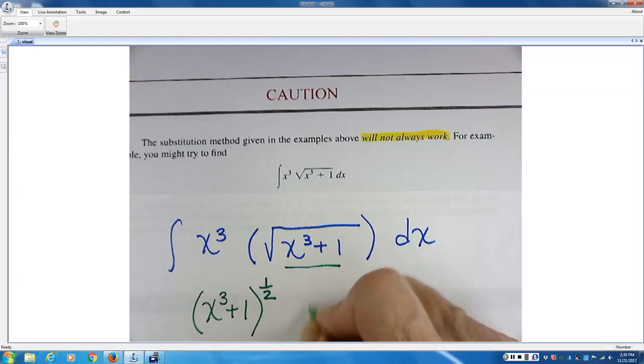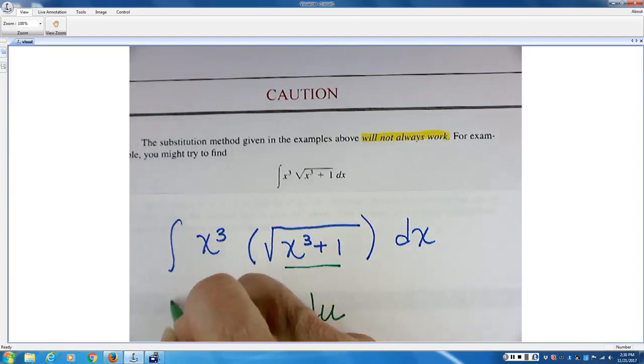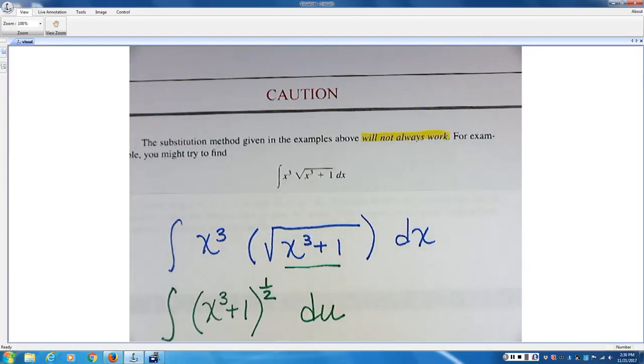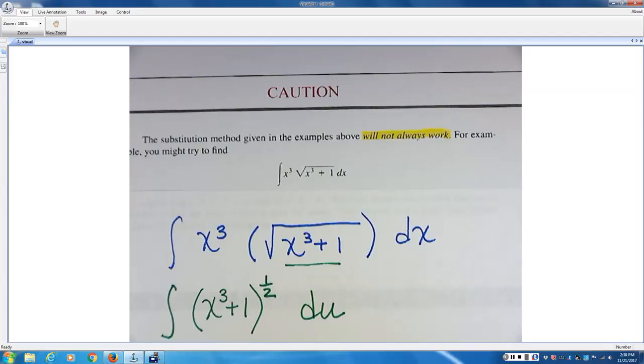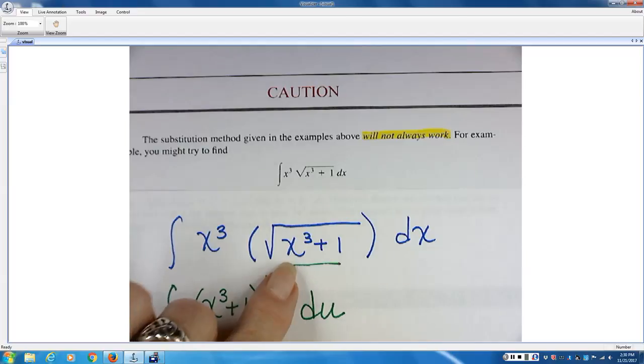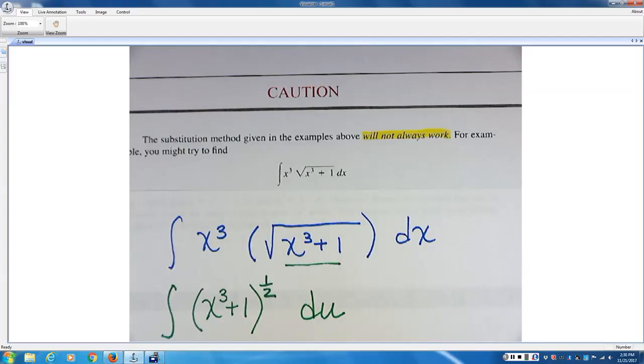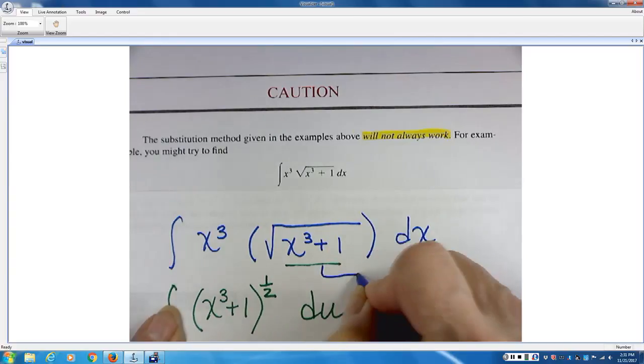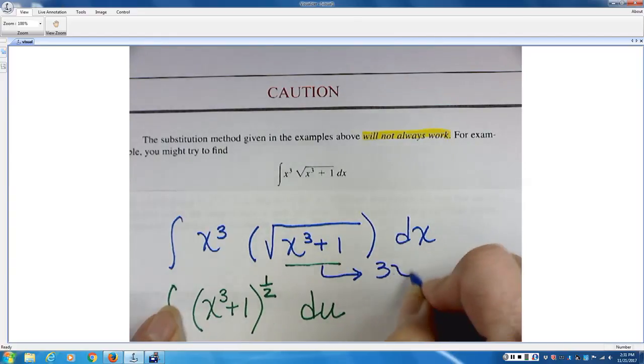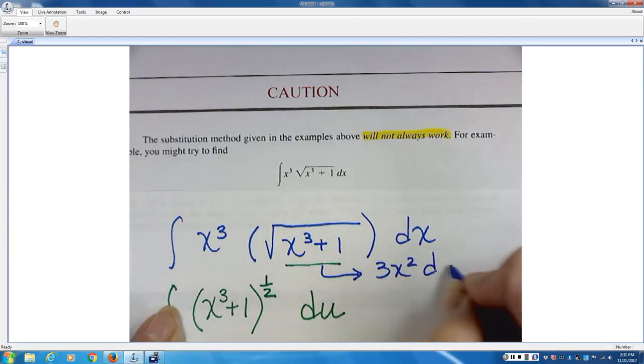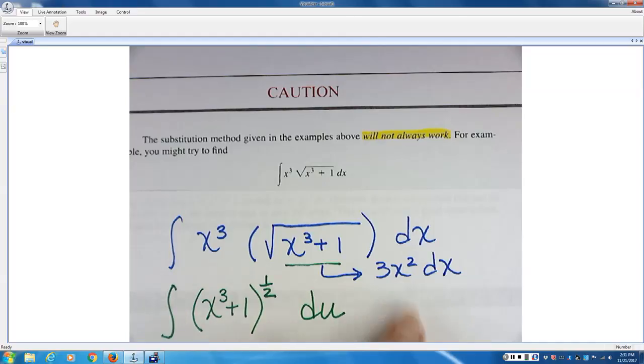The question is, what's du? So you look at what we think u is, which is x cubed plus 1, and tell me what its derivative is. Okay? This is the derivative of what's in there. This is what I've got to work with.